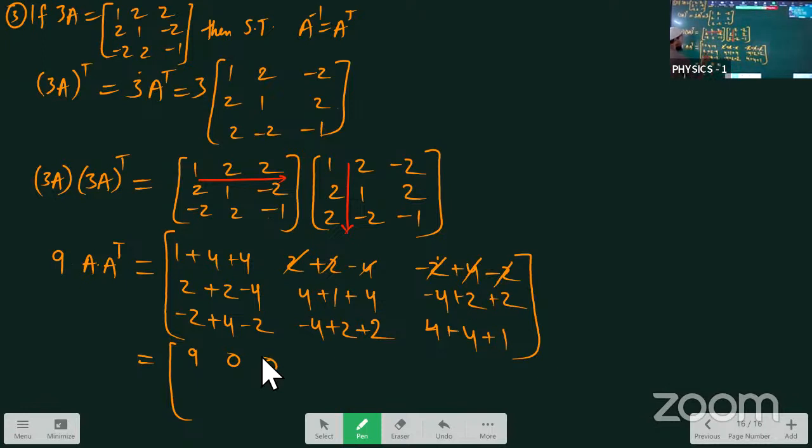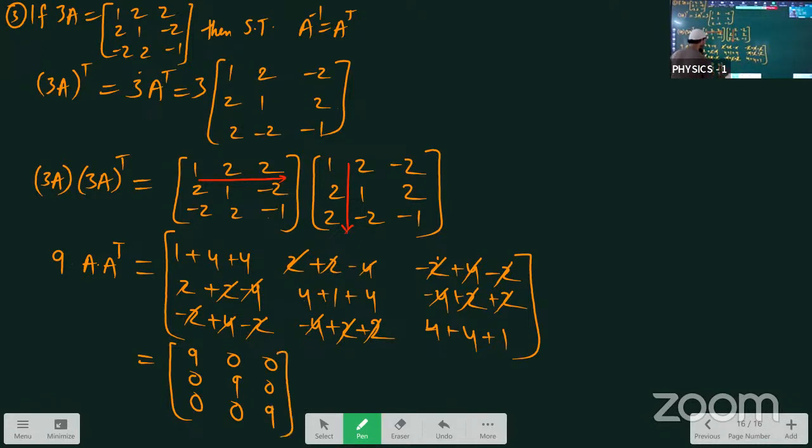Again here 2 plus 2 is 4, 4 minus 4 is 0. 4 plus 4 is 8, 8 plus 1 is 9. Next, 2 plus 2 is 4, plus 4 minus 4 cancels, so 0. Next, minus 2 minus 2 is minus 4, plus 4 cancels, so the answer is 0. Same, 2 plus 2 is 4, 4 minus 4 is 0. Finally 4 plus 4 plus 1 is 9.